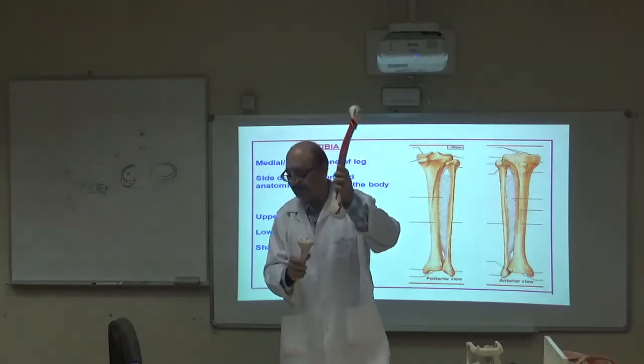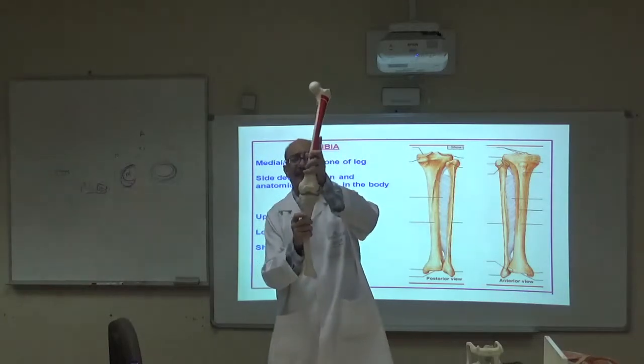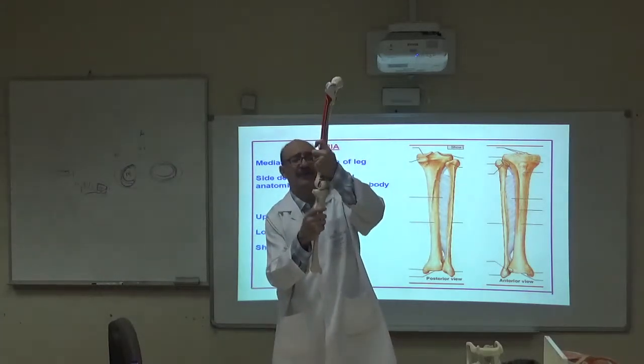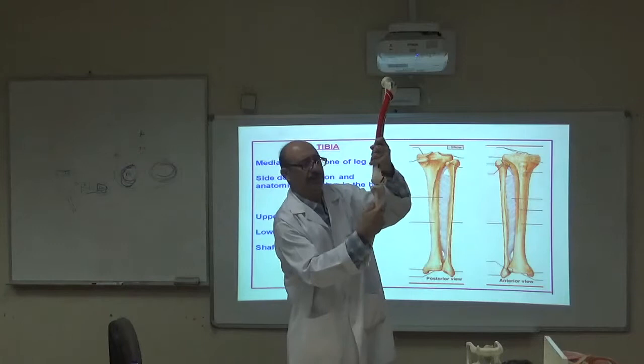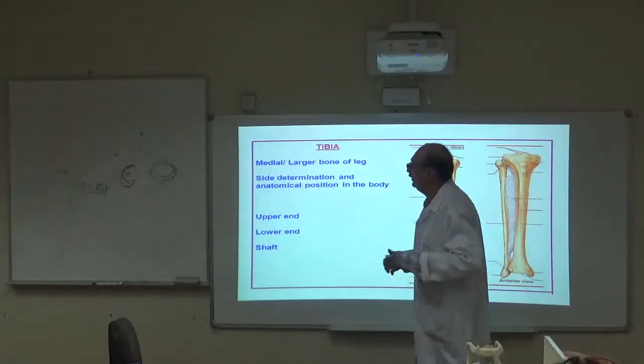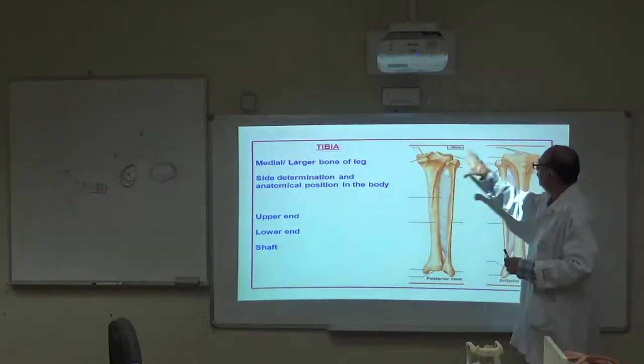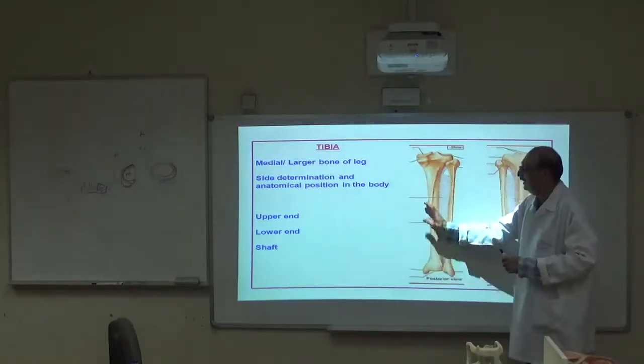Just imagine, it must be like this. So this is the anatomical position and side determination: upper end, lower end and the shaft.